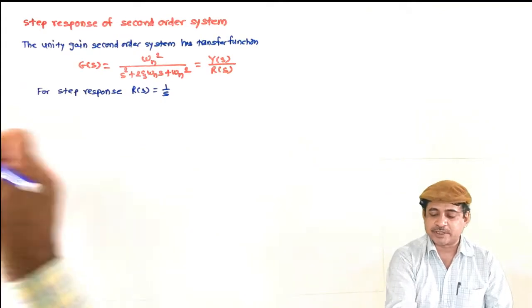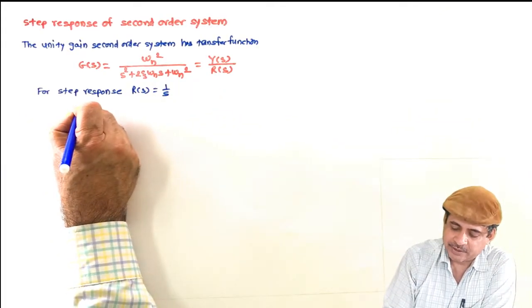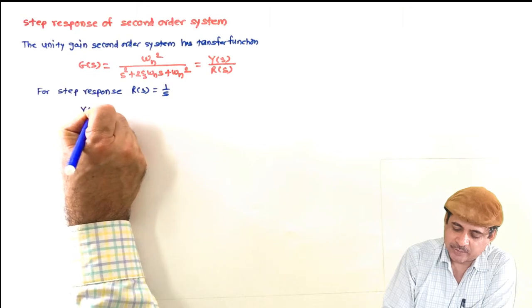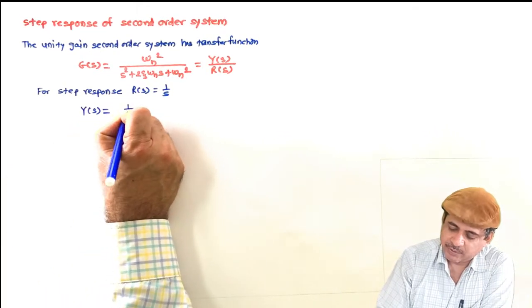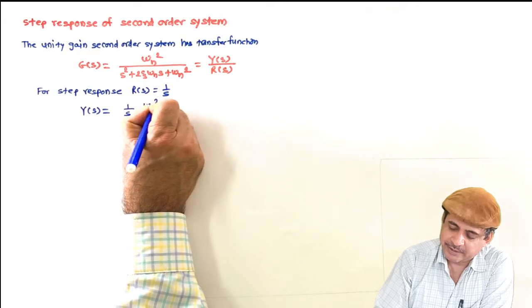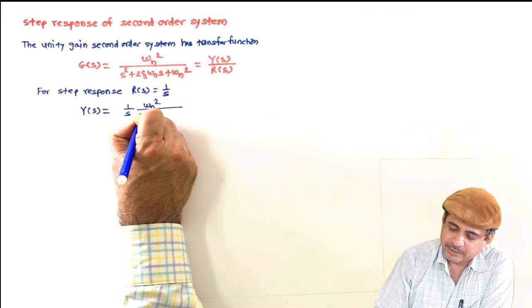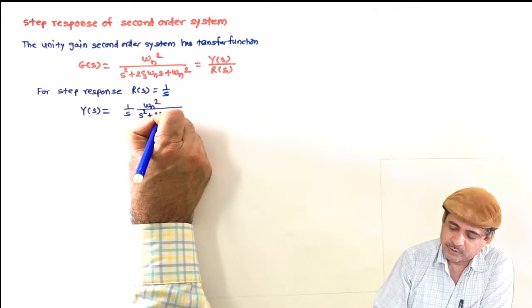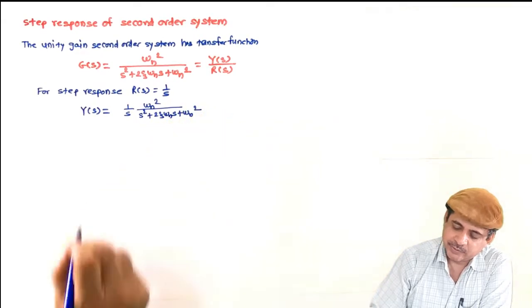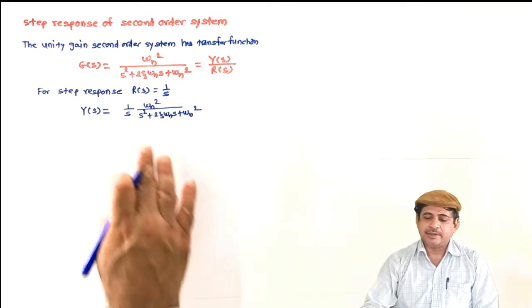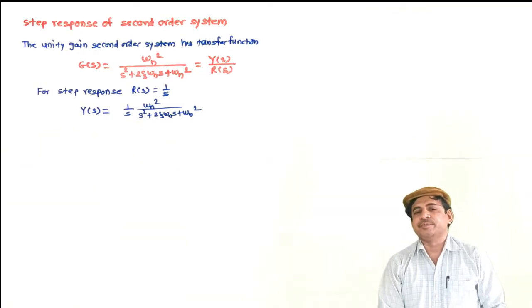So the step response has Laplace transform Y(s), R(s) is equal to 1 by s, then Y(s) becomes 1 by s into omega n square upon s square plus 2 zeta omega n s plus omega n square, and then y(t) will be the inverse Laplace transform of this expression.